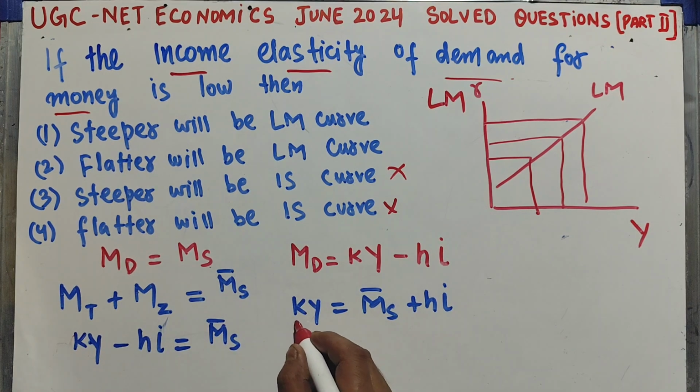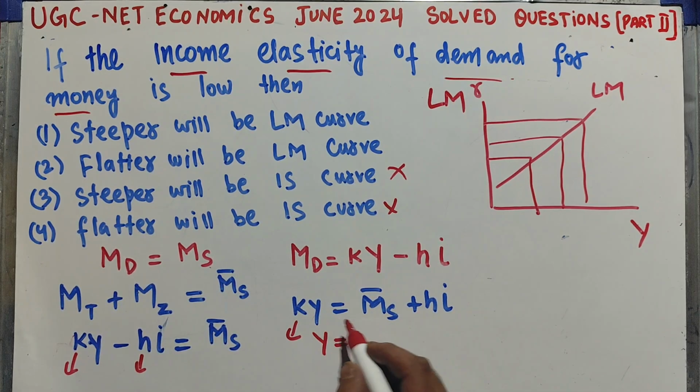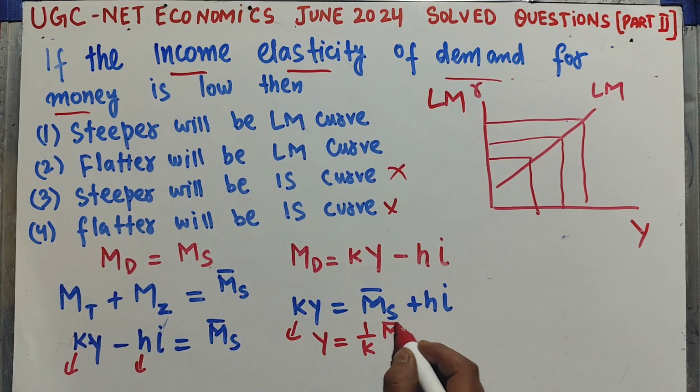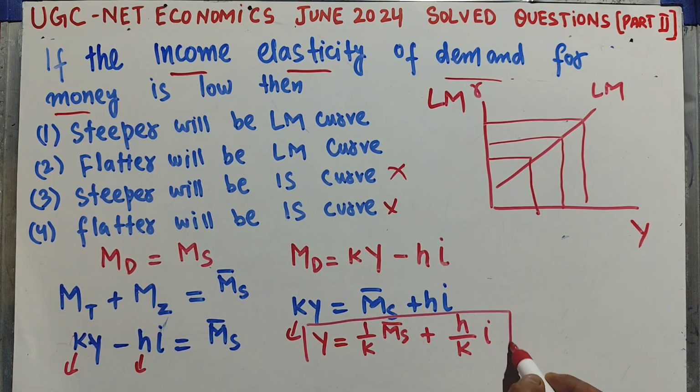Now this K denotes the income elasticity, or income sensitiveness, of demand for money, and this H shows the interest elasticity, or interest sensitiveness, of demand for money. Okay, so let us solve for Y. So Y will be equal to 1 upon K times MS plus H upon K times I. This is our LM equation.